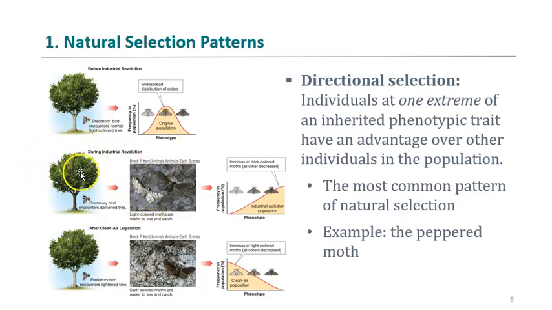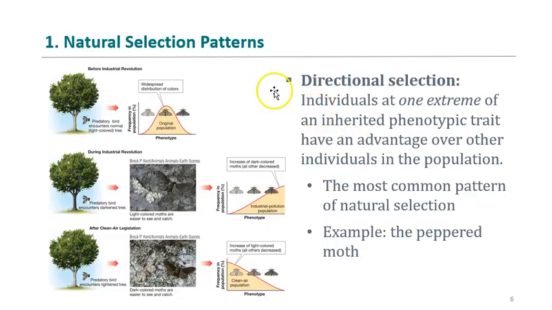So here they're showing that during the Industrial Revolution, we've got the light-colored moth and the dark-colored moth, and we had said that during the Industrial Revolution, the soot from all the factories darkened the bark of the trees, and the darker colored moths were the ones that were better camouflaged and therefore not detected by predators, and they survived and got to pass on that dark pigment to the next generation, whereas the lighter colored moths could easily be picked off by predators and were eaten, and therefore not as many survived, and therefore you don't see as many light-colored moths because they were not reproducing.